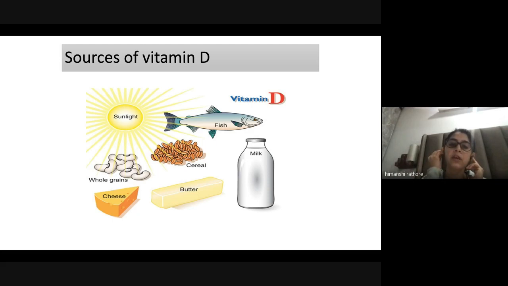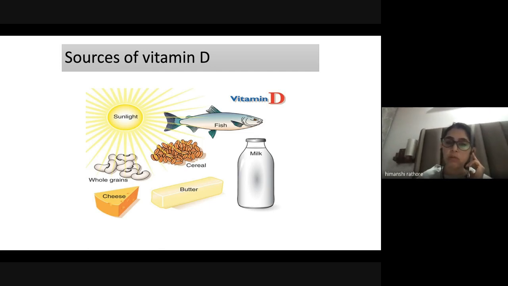But cereals contain a very limited amount of vitamin D. Only sunlight, fish or mushrooms can provide you a good amount of vitamin D. Apart from that, no other source contains vitamin D. So I guess it is clear now in which food sources you can find vitamin D.